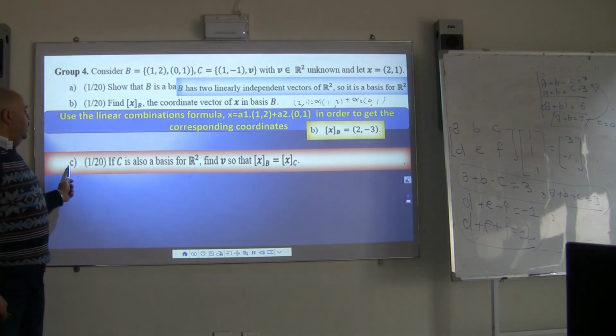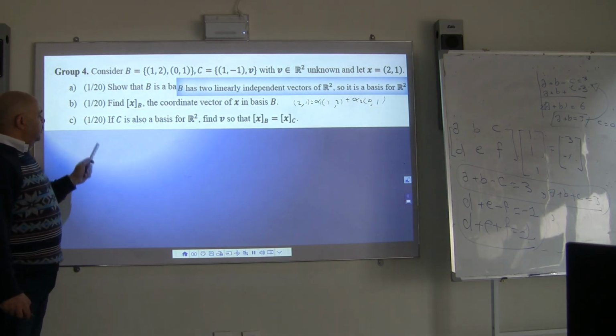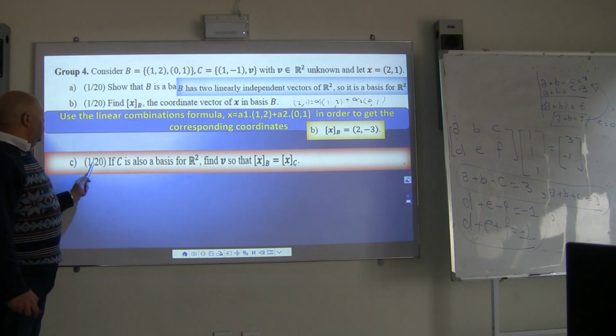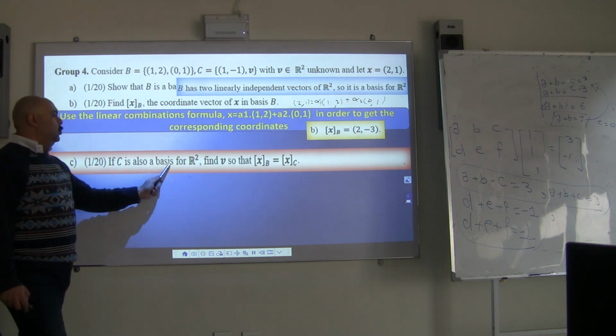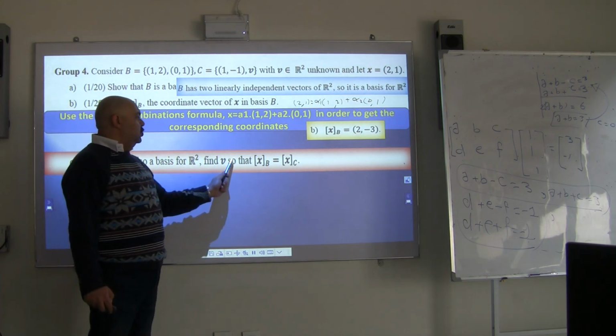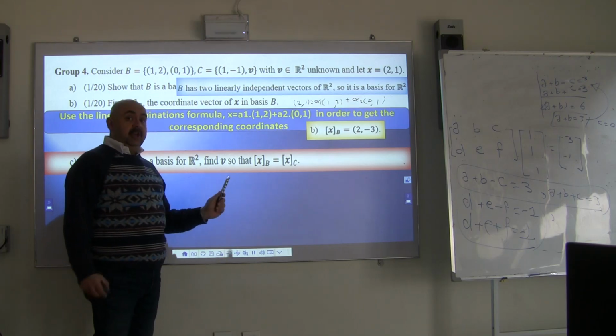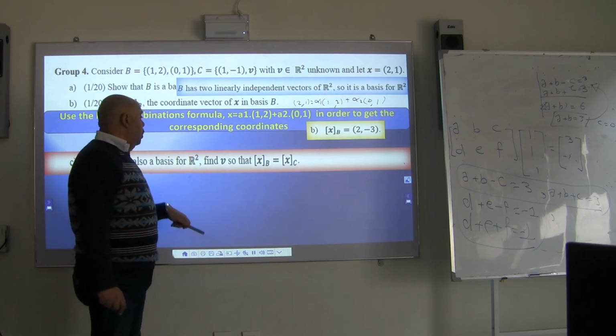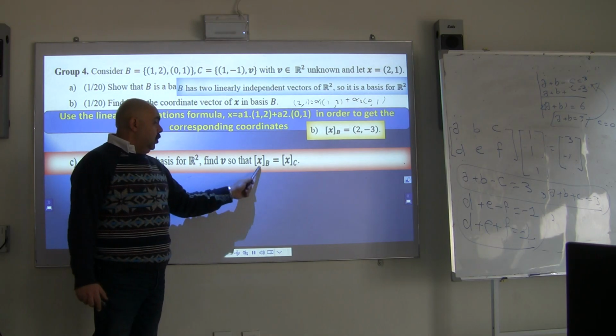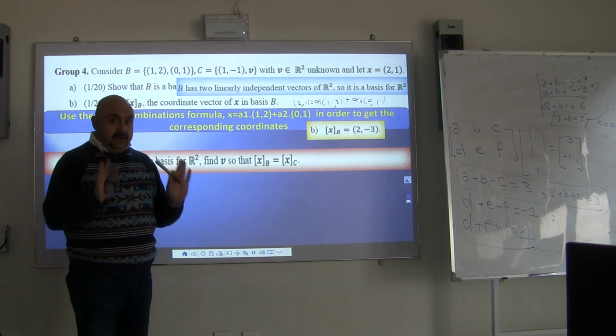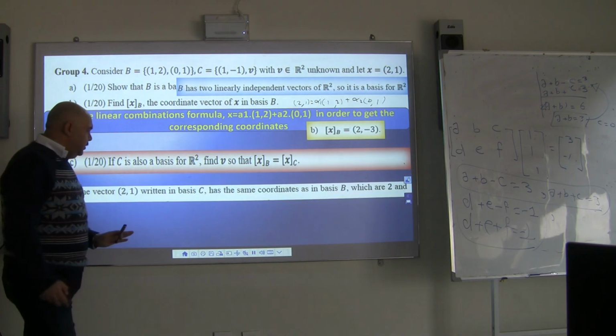For the C, or for the third, I've written it here for you. C is also a basis for R2. Find the V, so that this is really a very clever question and very simple too. Okay, and the V, so that the coordinates are the same. So I will use exactly the same manner.